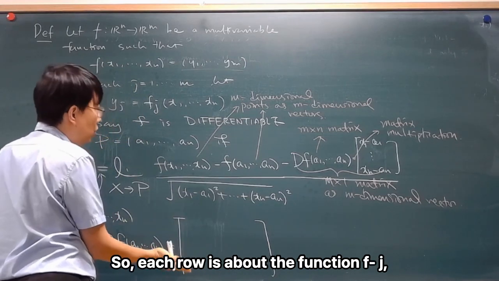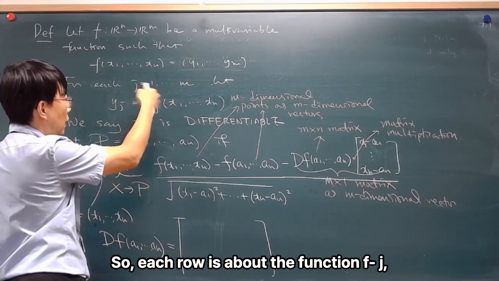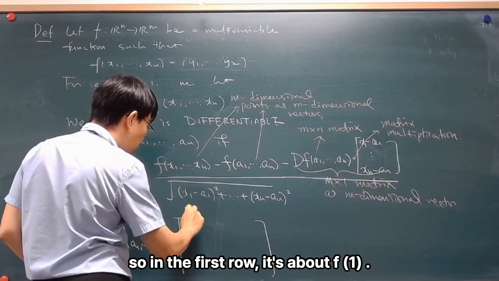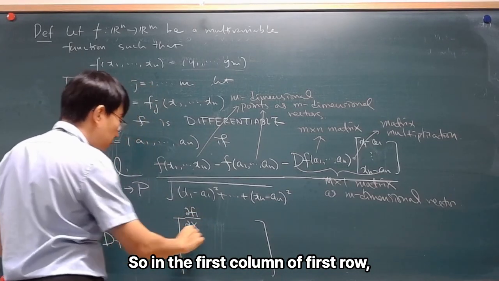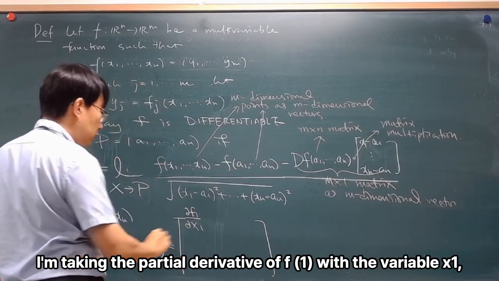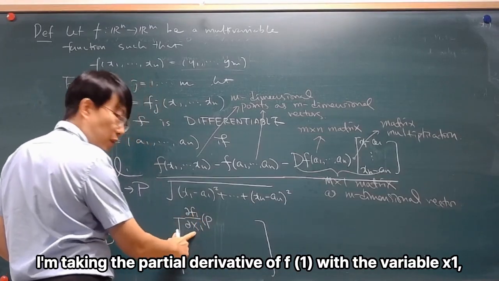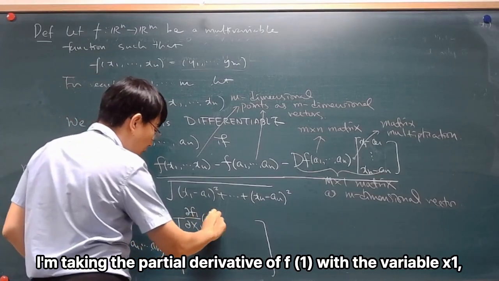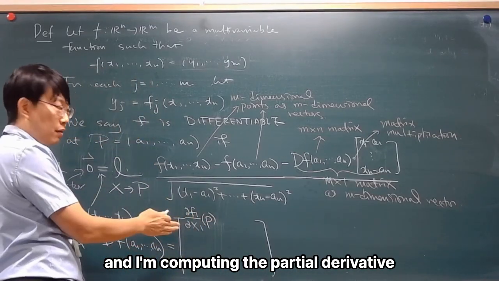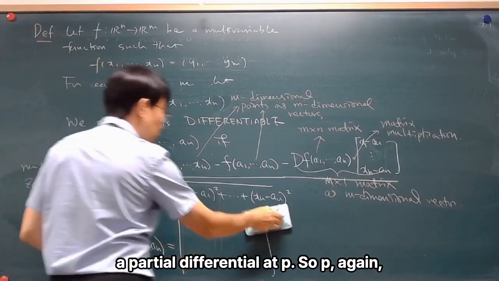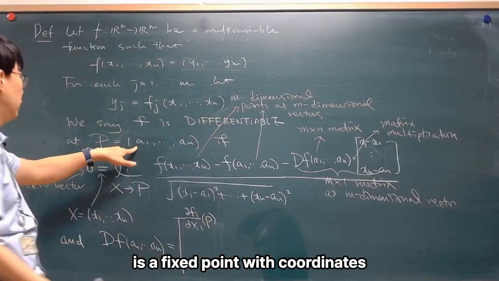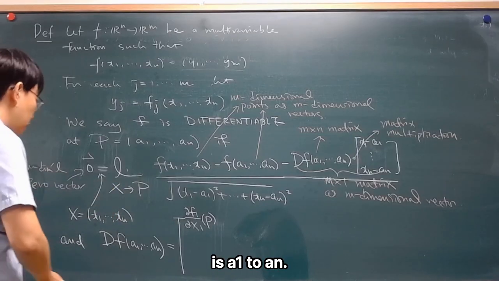Each row is about the function fj. So in the first row, it's about f1. In the first column of the first row, I'm taking the partial derivative of f1 with respect to the variable x1. And I'm computing the partial derivative at p. So p, again, is a fixed point with coordinates a1 to an.